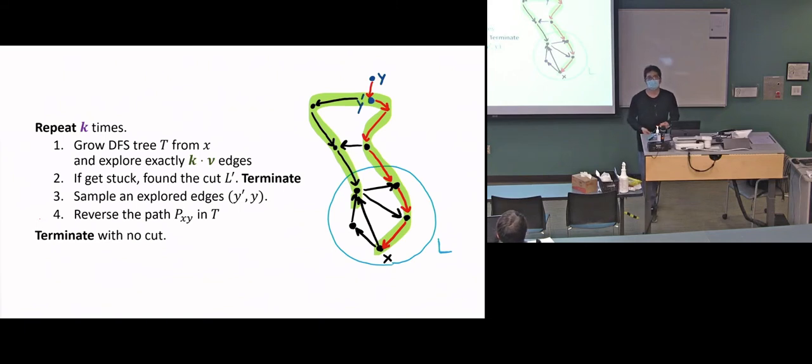Why k times and not a constant number of times? Because we would like to be outside L k times. The probability would be good enough if you make it k. You will see the analysis very soon.